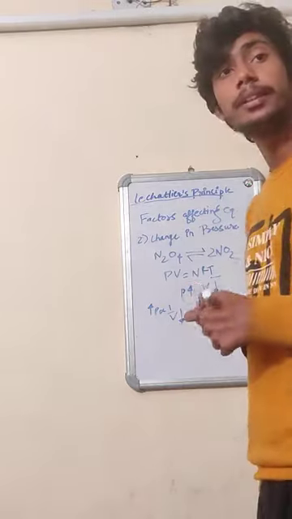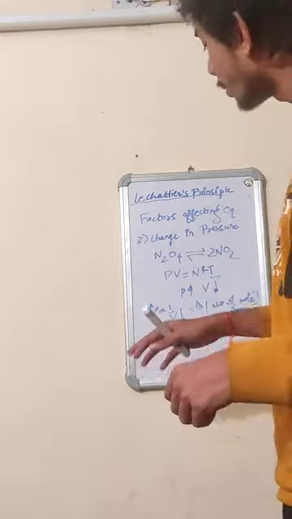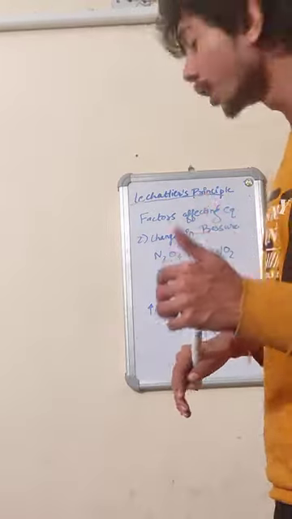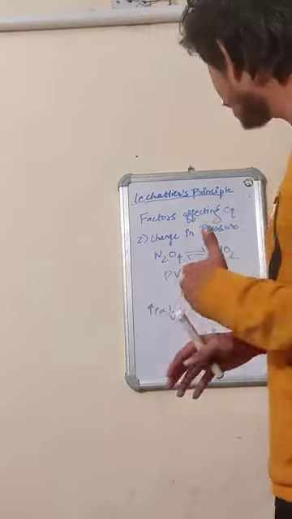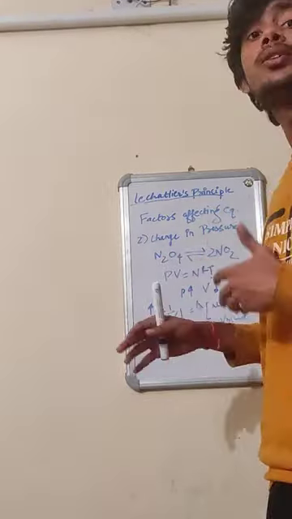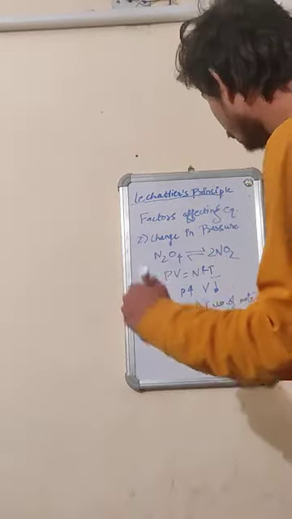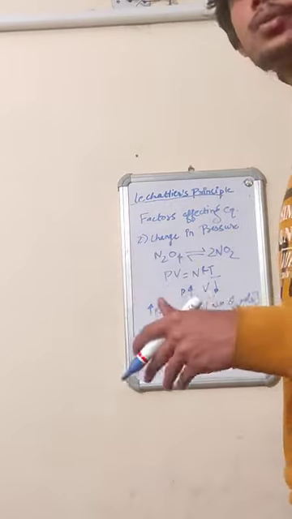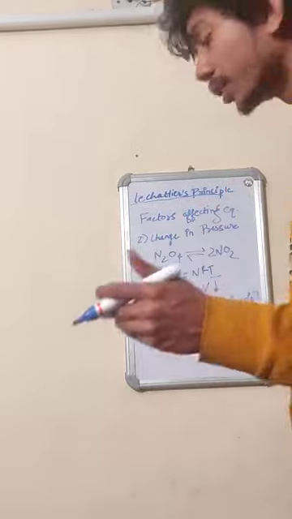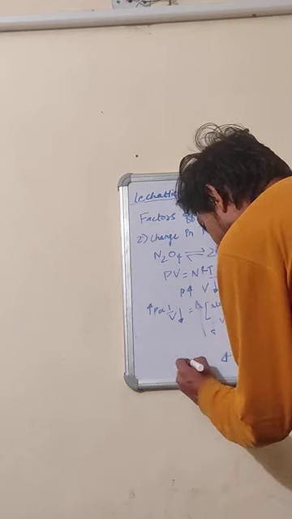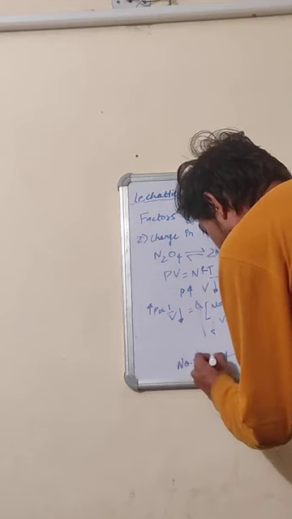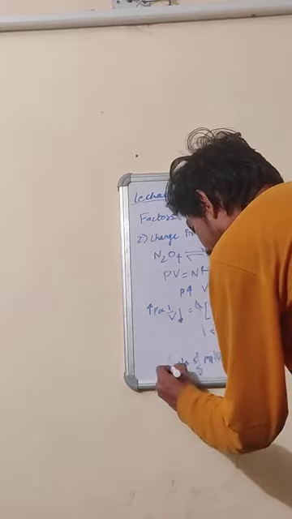So whenever the pressure is increased, the volume is reduced, so the number of moles per unit volume will increase. It will look like the number of moles is increasing, but it is not the case. So the equilibrium will try to undo the change. It will move in the direction where the number of moles is less.